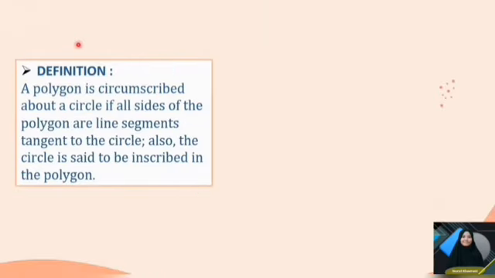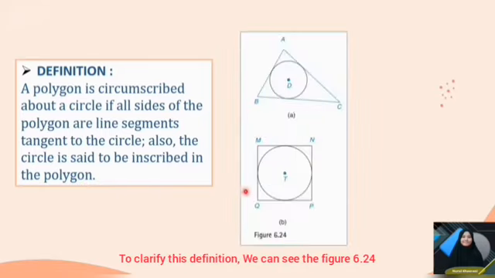Definition: a polygon is circumscribed about a circle if all sides of the polygon are line segments tangent to the circle. Also, the circle is said to be inscribed in the polygon. To clarify this definition, we can see Figure 6.24.